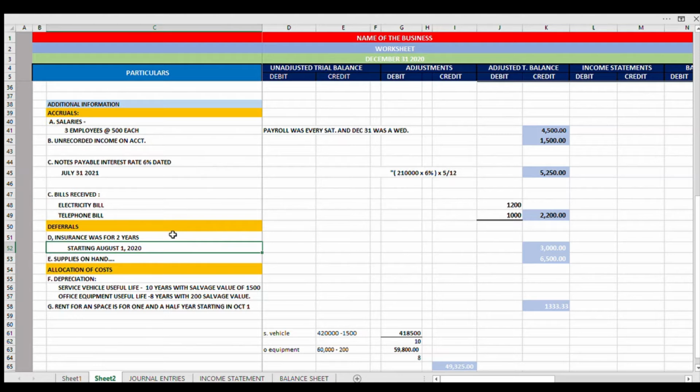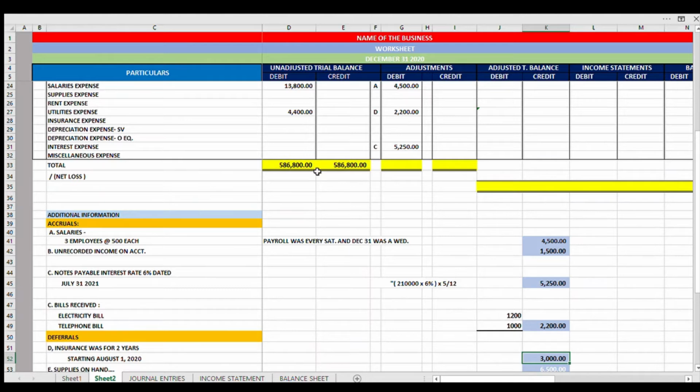So, kung ating i-compute, there are August, September, October, November, December. There are 5 months, as just pass by. So, it will involve 5 months. So, based sa computation, ang lumabas ay 3,000.